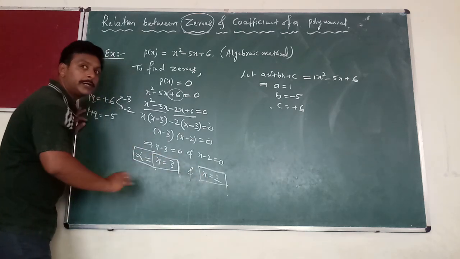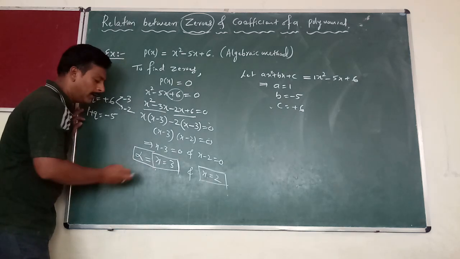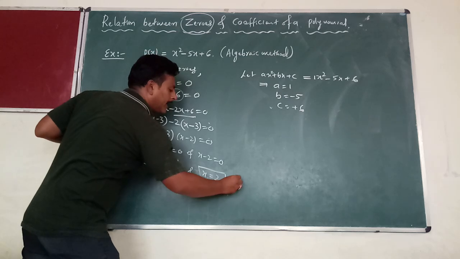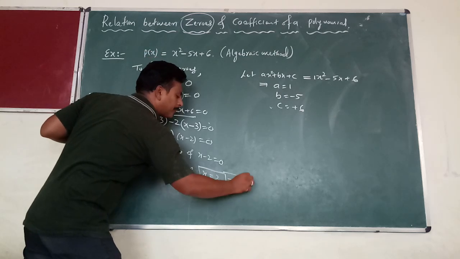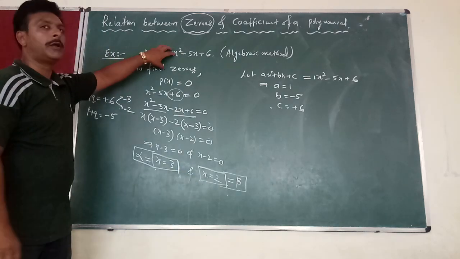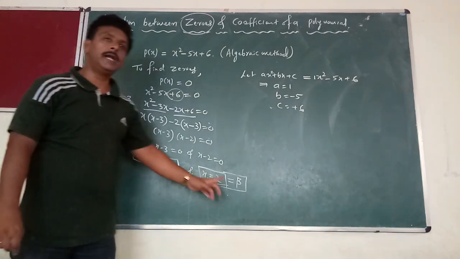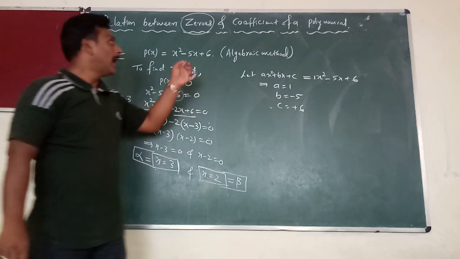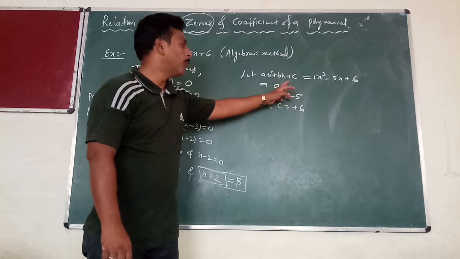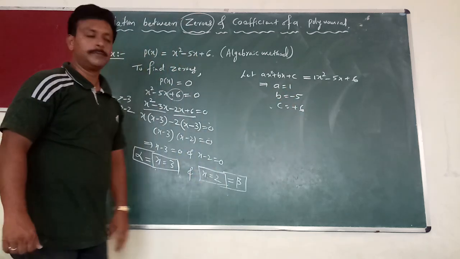To identify and separate them, I am taking the symbol. So one zero I am taking as alpha, another zero I am taking as beta. Two zeros of the given polynomial are alpha and beta, and the coefficients of the polynomial are a, b, c, which are 1, minus 5 and 6.